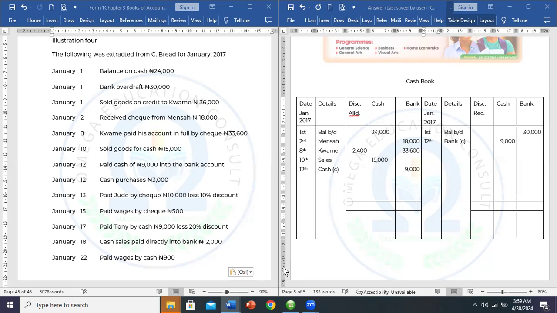When you open your cash account and you are balancing it, it will never have a credit balance. But as for the entries, debit cash, credit cash, that is okay. I'm talking about the final balance when you are done and you are looking for the total on both sides and the difference, so that you call it balance carried down, balance brought down. That is what I'm saying. Cash will never have a credit balance. Are you okay on that? Okay, sir, I'm okay. Good.